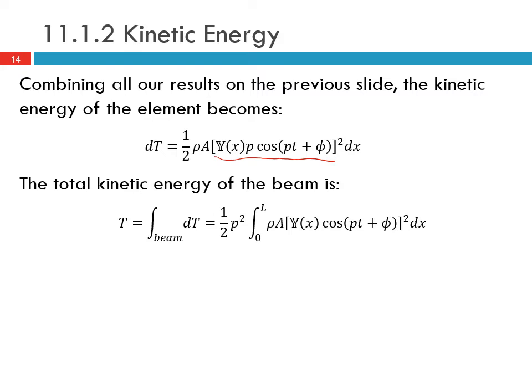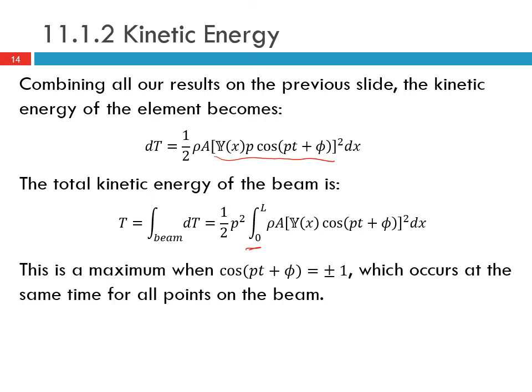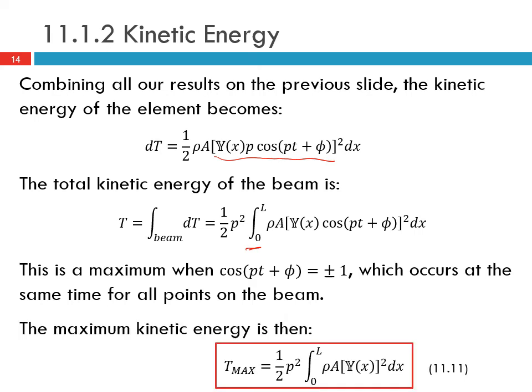So again, it's the same expression, just integrated from 0 to L. And this is a maximum when cosine(pt plus phi) is equal to plus or minus 1, which again occurs at the same time for all the points on the beam. So the maximum kinetic energy, T max, is 1/2 p squared times the integral from 0 to L of rho A Y of x squared dx.